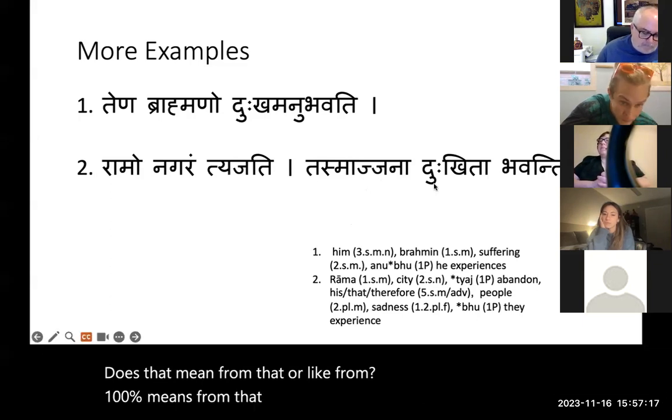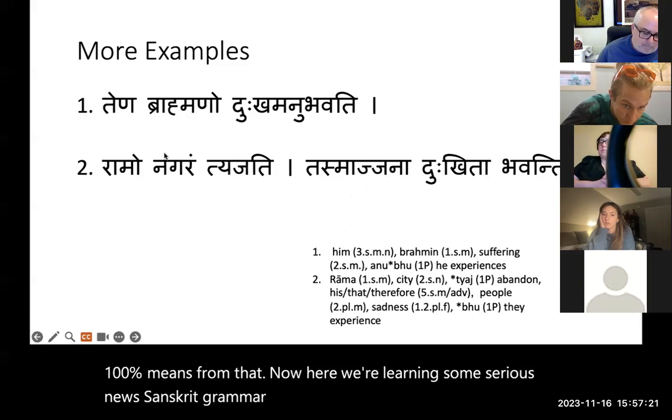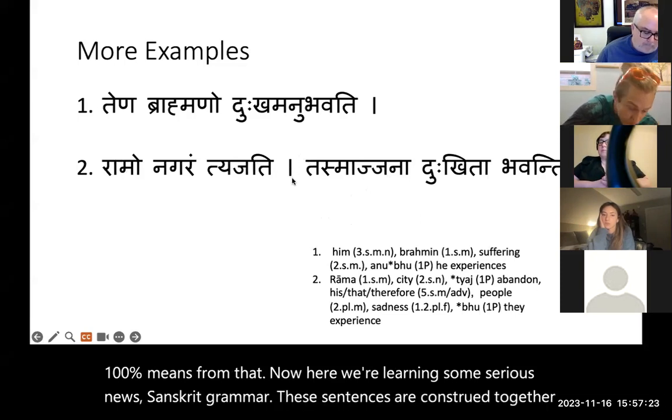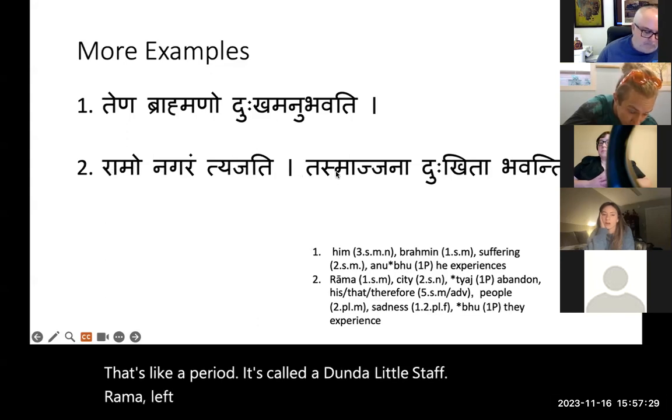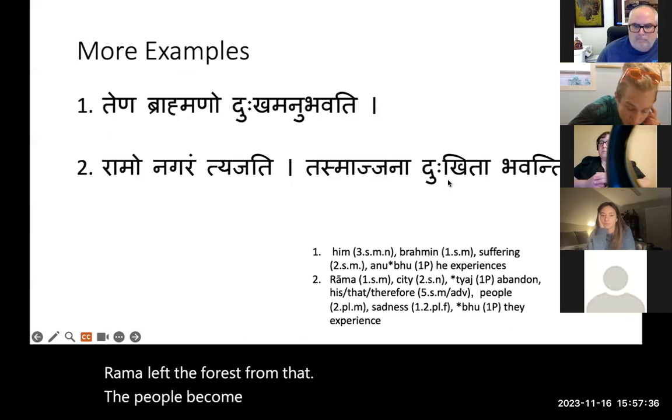Now, here we're learning some serious new Sanskrit grammar. These sentences are construed together. That's like a period. It's called a danda, a little staff. Rama left the forest. From that, the people become sad. Okay, do the whole thing together.